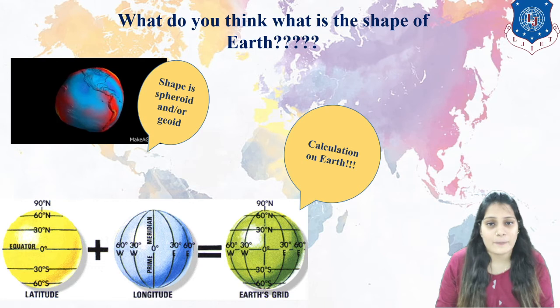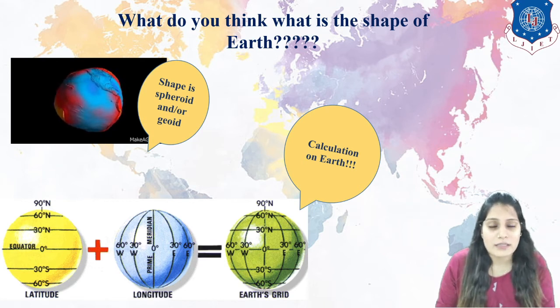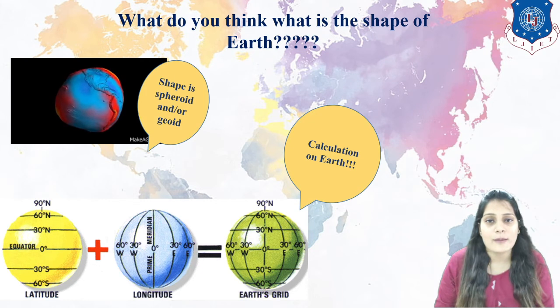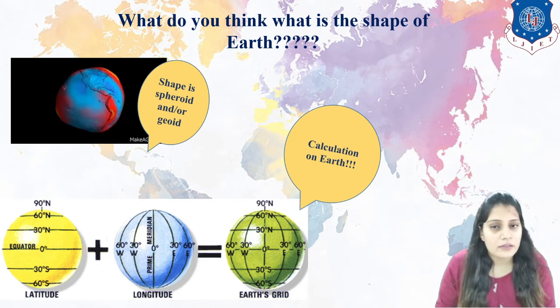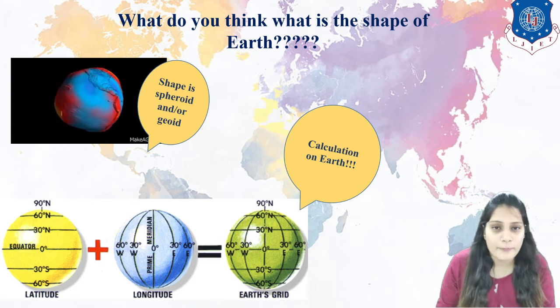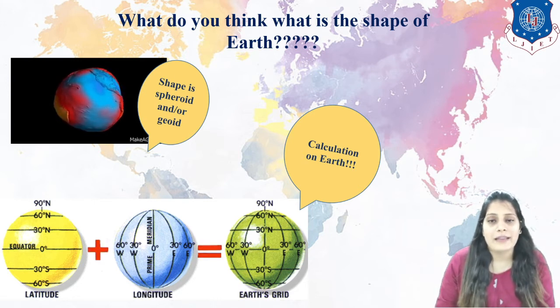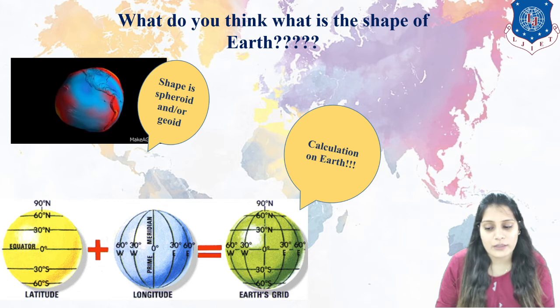When I say that Earth is geoid or spheroid, I have divided the whole Earth into horizontal and vertical lines. Can you see in the figure that latitudes are the horizontal lines, which go from 0 degree, 30 degree, 60 degree, 90 degree.